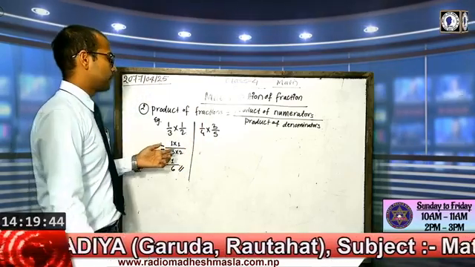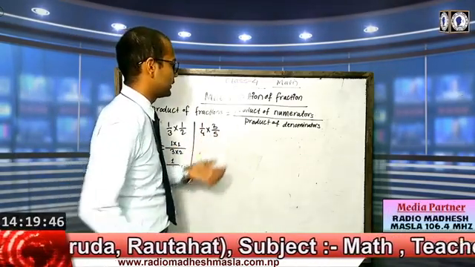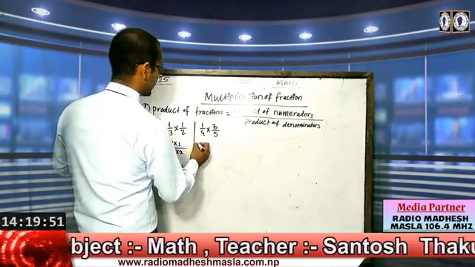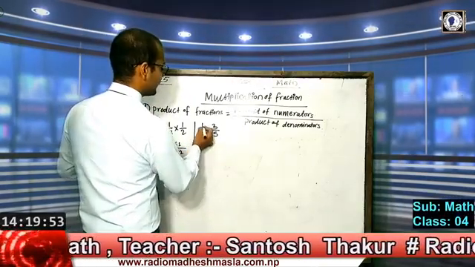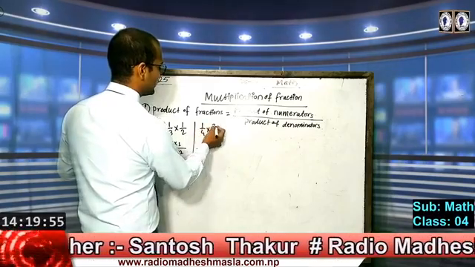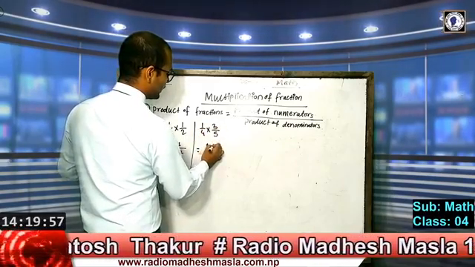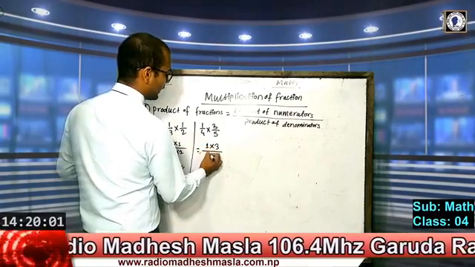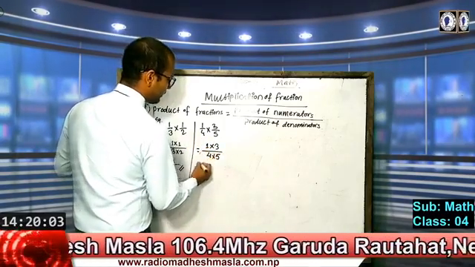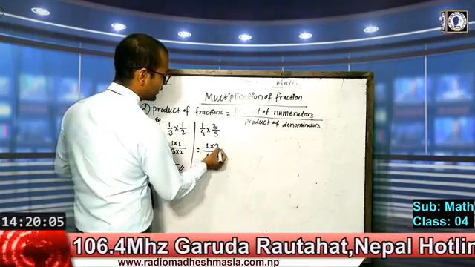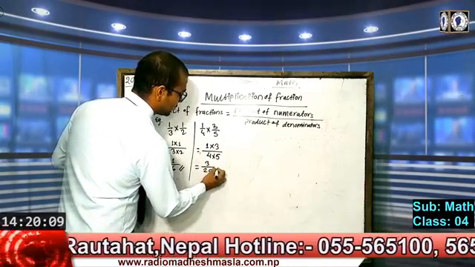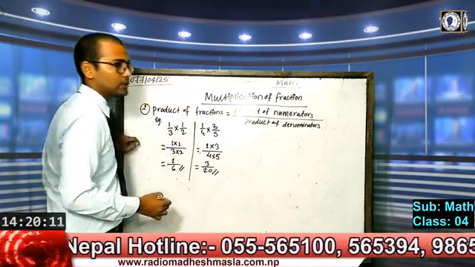To find the product of the two fractions, we use the same formula, product of numerators by product of denominators. So here the product of numerators is 1 into 3, by the product of denominators, 4 into 5. Then we get 1 into 3 is 3, and 4 into 5 is 20. So this is the answer.